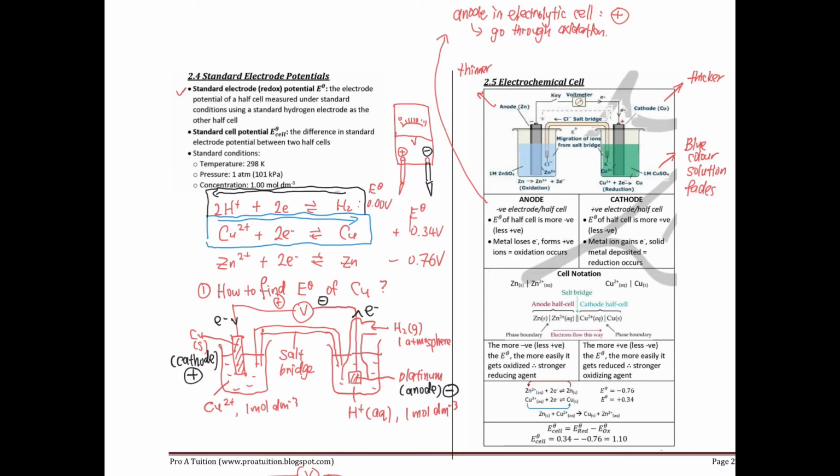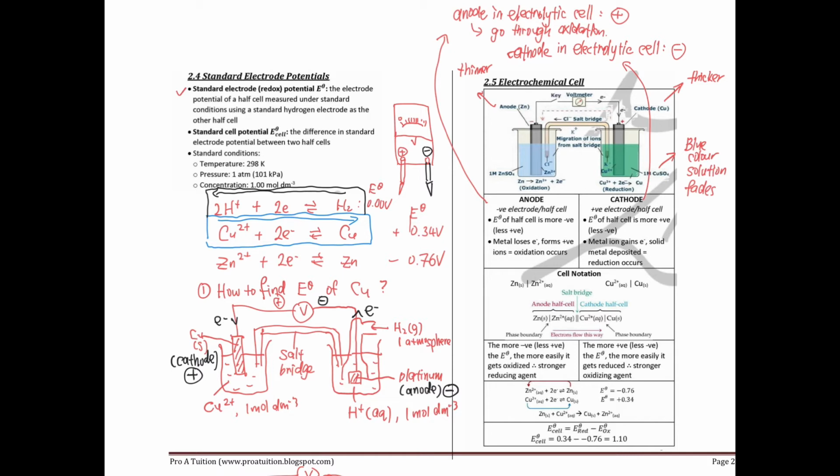Now, let's look at cathode. Cathode is just the other way around. Cathode is the positive electrode. So again, I put it here so that you can compare and remember this. Cathode in an electrolytic cell is negative. So if you still remember, cathode will attract cation.